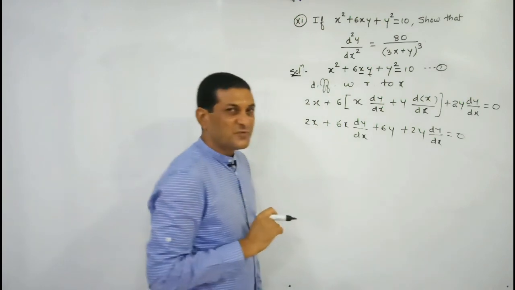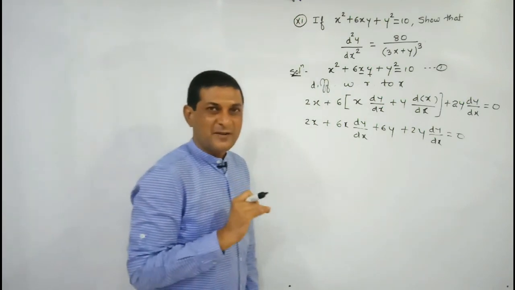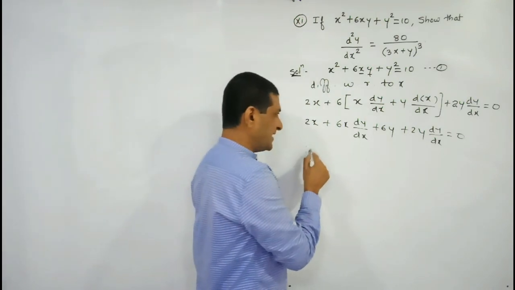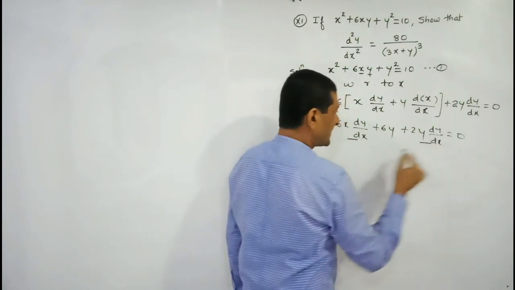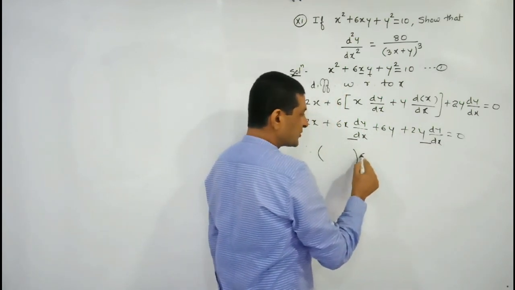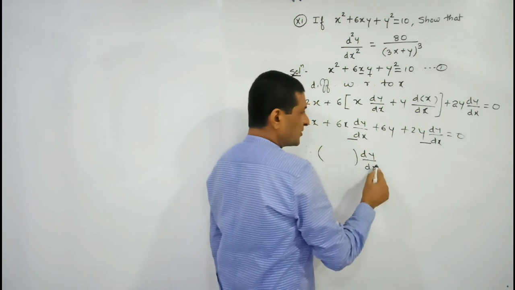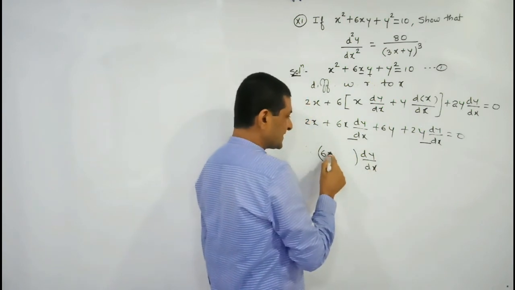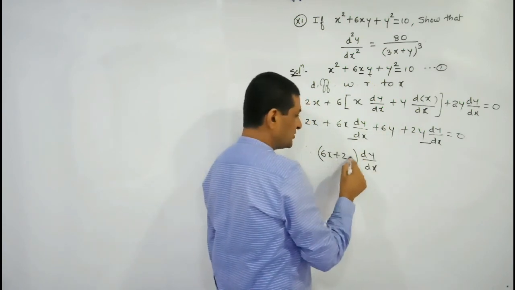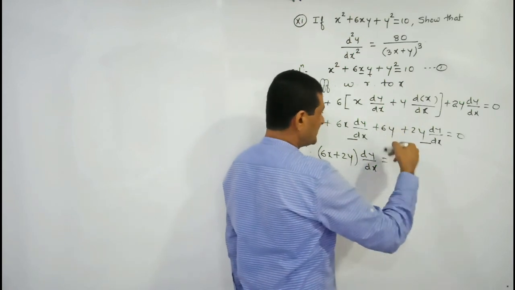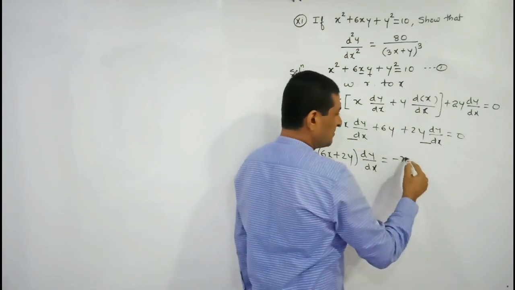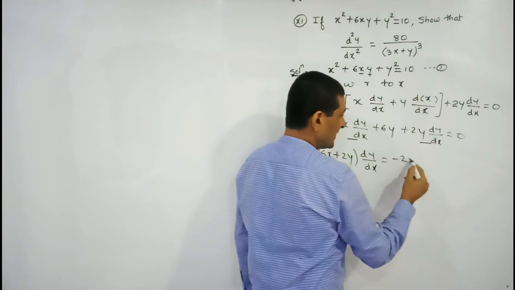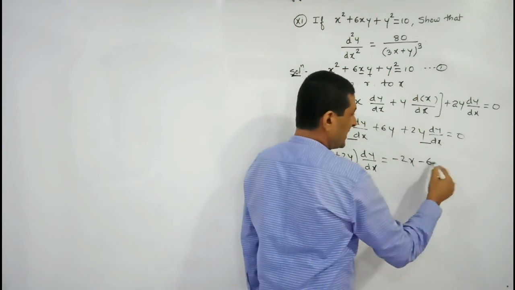Now our aim is to find the value of dy by dx. That's why we are collecting the terms of dy by dx. Two terms of dy by dx are there. If we take dy by dx common from these two terms, see what we get. Here its coefficient is 6x, and here its coefficient is 2y. On this side plus 2x will become minus 2x, and plus 6y will become minus 6y.